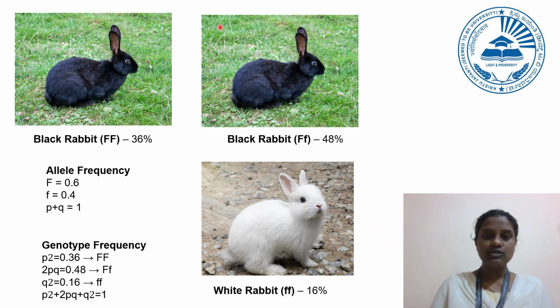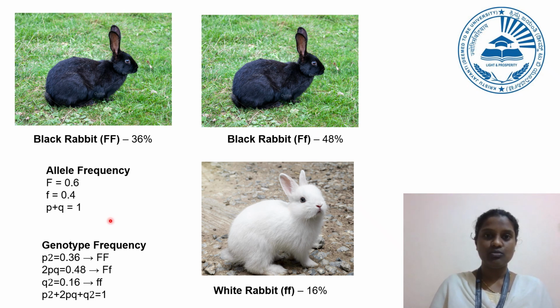So in this population, 36% of the rabbits are homozygous dominant with a black coat, 48% are heterozygous with a black coat, and 16% have a white coat; they are homozygous recessive.